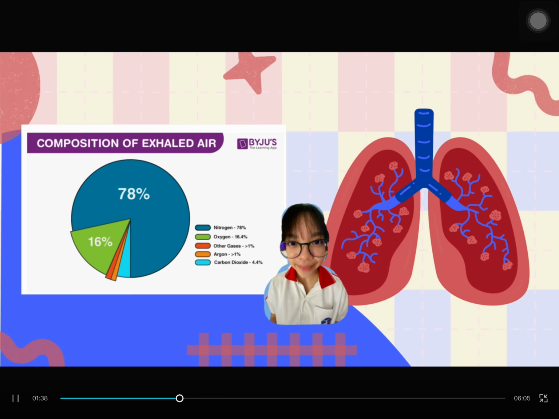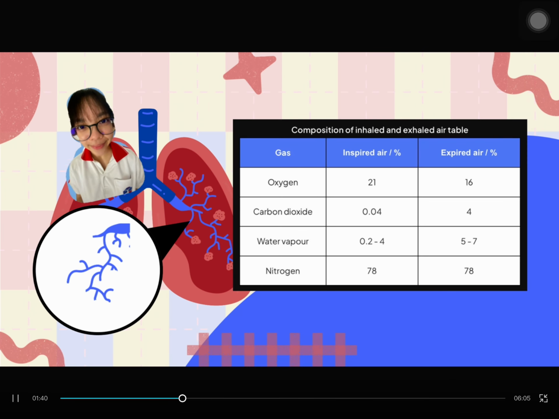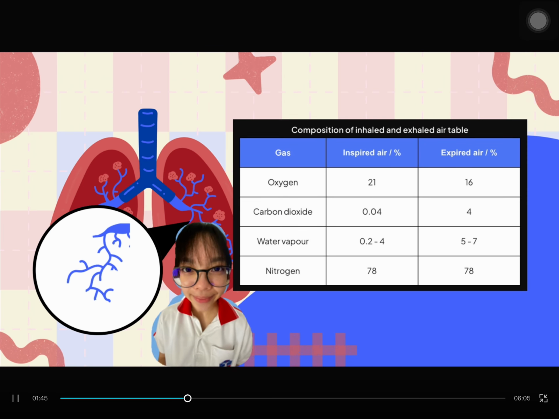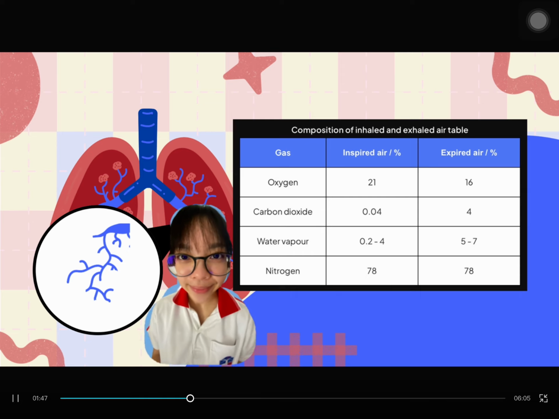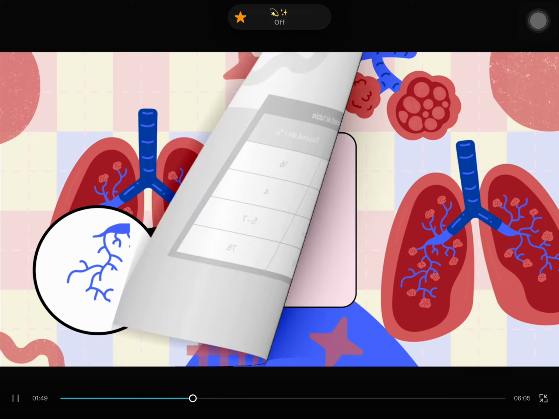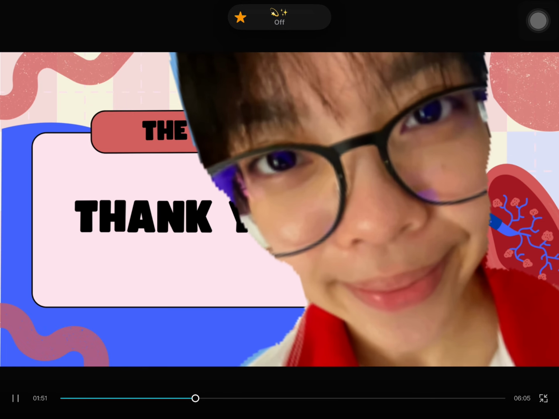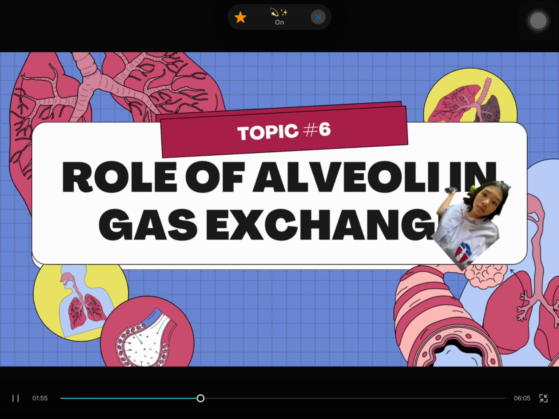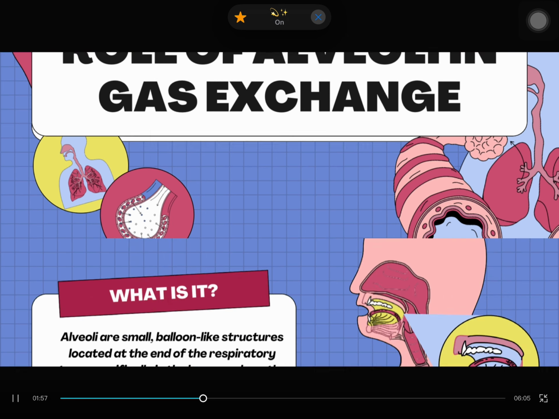And this is the pie chart. This is another chart that shows the difference between composition of inspired and expired air.